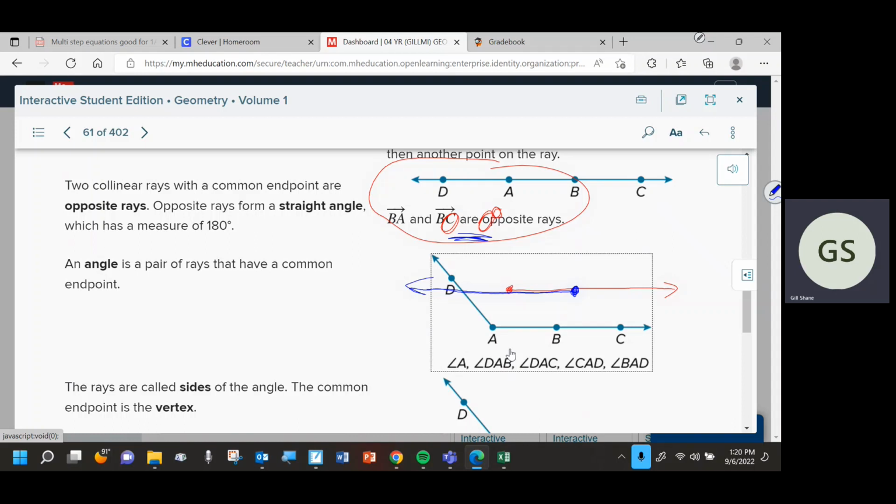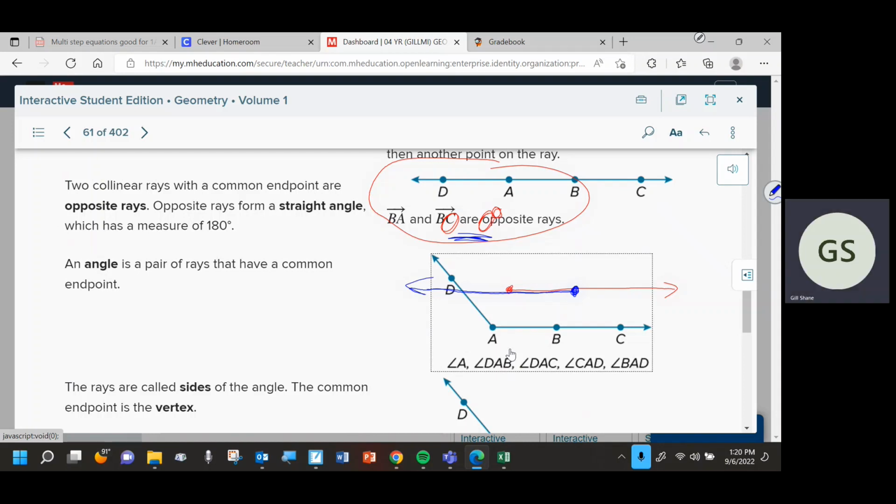How many degrees is that? 180 degrees. So a straight line is 180 degrees, but the way you're forming it is you're taking two rays and opening them up into a straight line. You need to understand a straight line is 180 degrees. That's a huge concept in geometry.